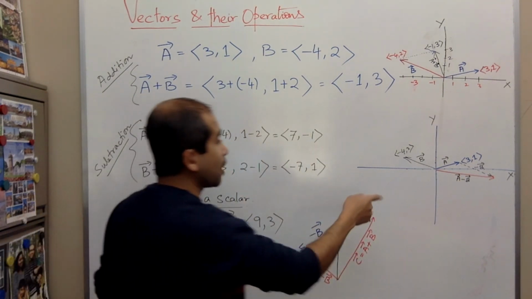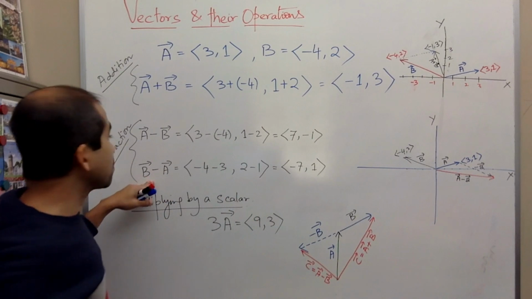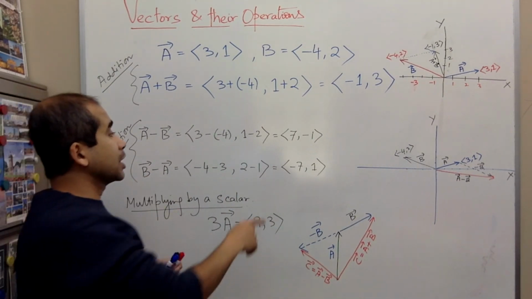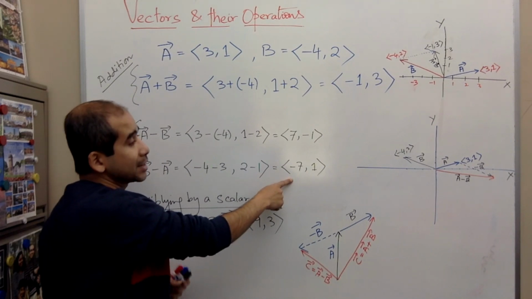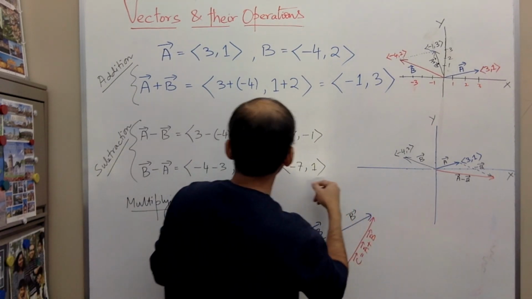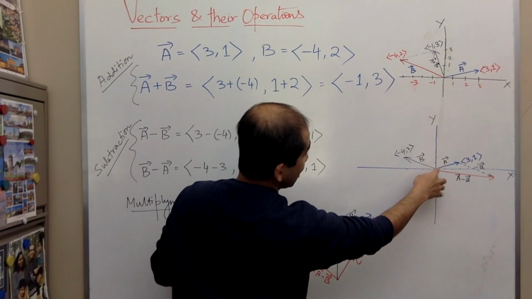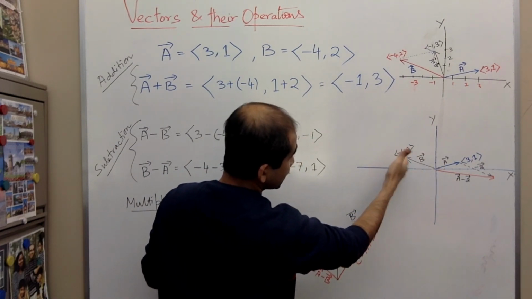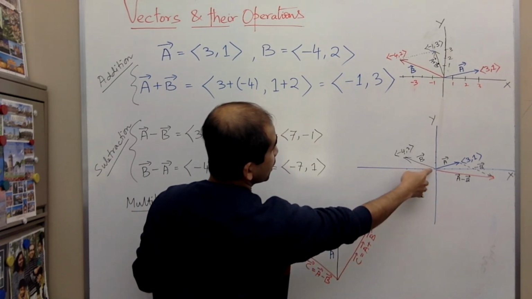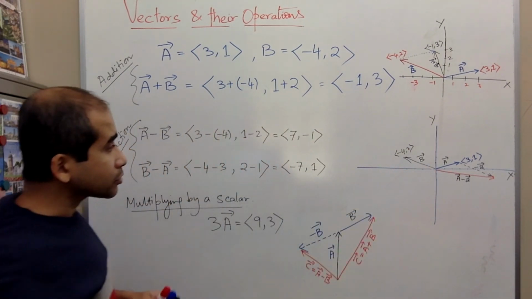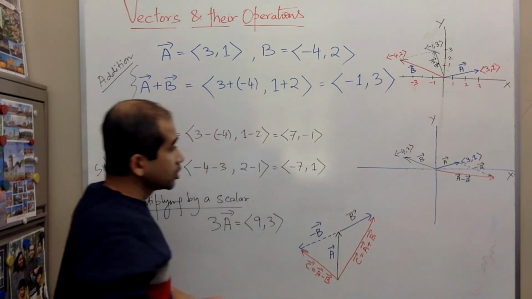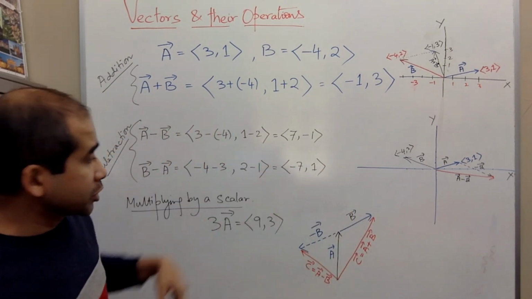So this is A minus B, but I wanted to show you that B minus A will be opposite because there's a subtraction, and B minus A will be (-7, 1) if we want to subtract A from B. So we'll take the opposite of A and slide it here, and then it will be basically (-7, 1). It will be just the opposite vector, opposite to that red line, which is A minus B.